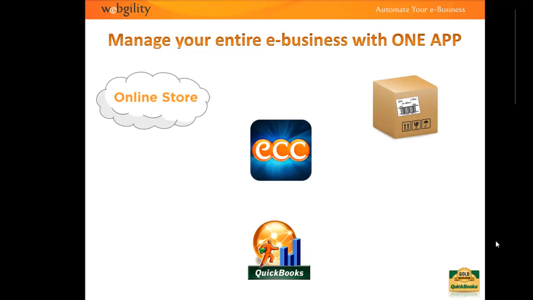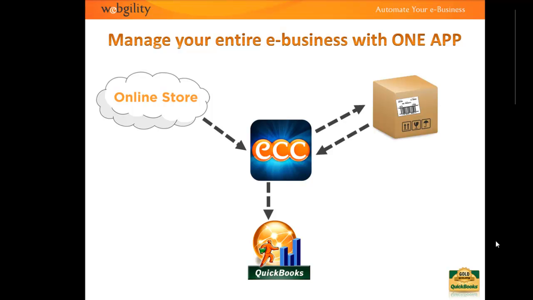ECC is able to download your orders from the online store and then take that same information, and through our shipping module you're able to use your shipping processor, either UPS WorldShip, FedEx, Indicia, Dazzle, or Stamps.com, and then work that information without copying anything into the shipping processor, and then that shipping processor can send information back into ECC, and then you can take all that information and post that to QuickBooks either as a sales order, sales receipt, invoice, or an estimate.